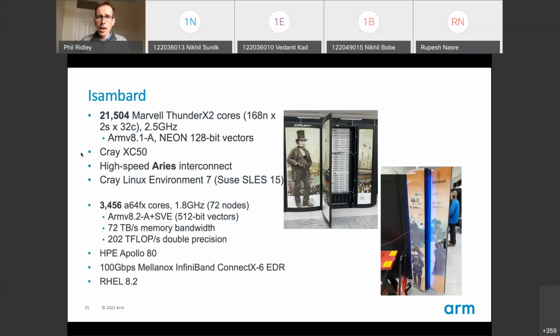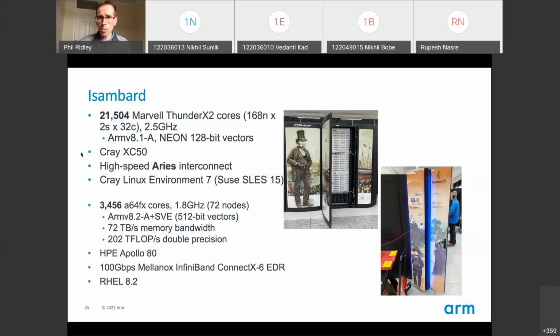So in the UK, you may have heard of Isambard. Now, Isambard itself is a supercomputer with x86 and NVIDIA based partitions, but it's actually got two ARM based partitions as well.